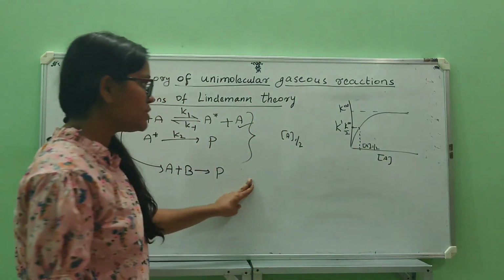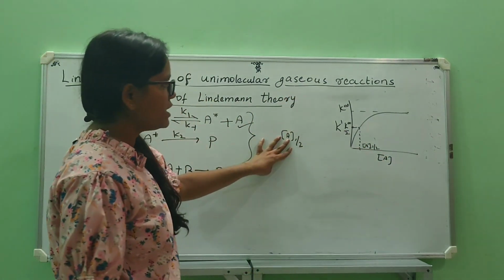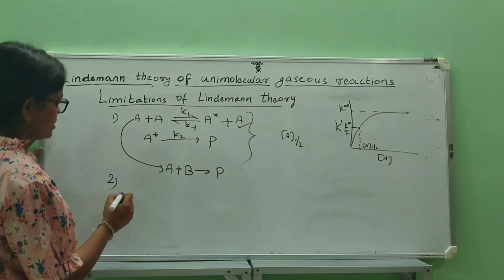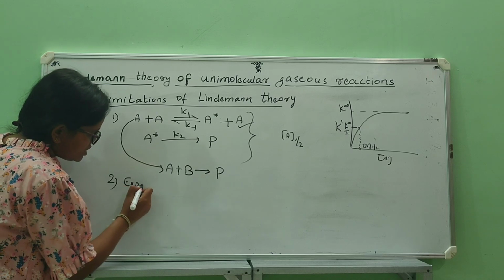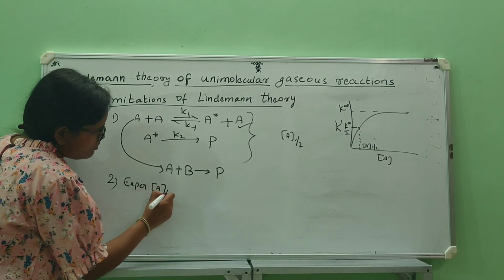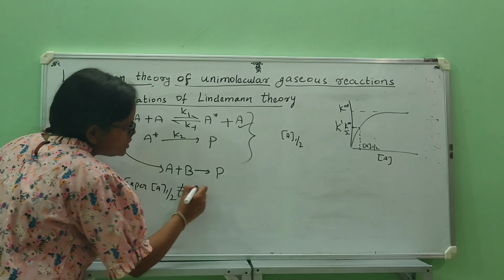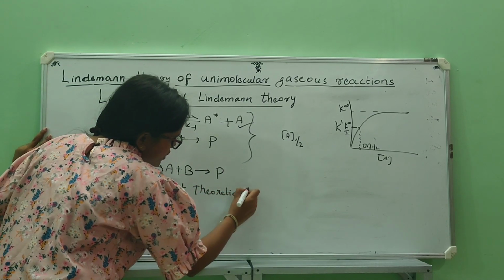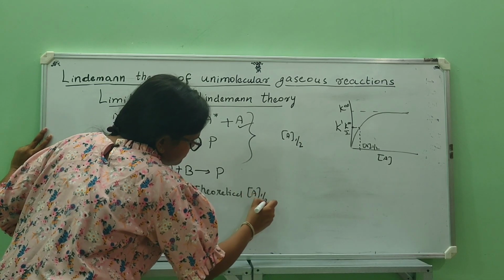But experimental A half and theoretical A half do not match with each other. So this was the second limitation, that the experimental A half found was not equal to the theoretical A half.